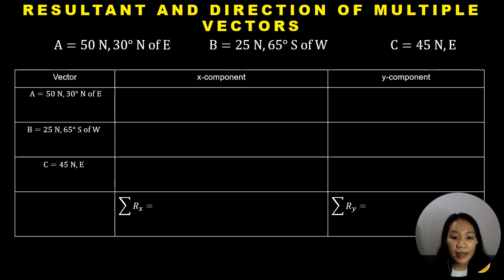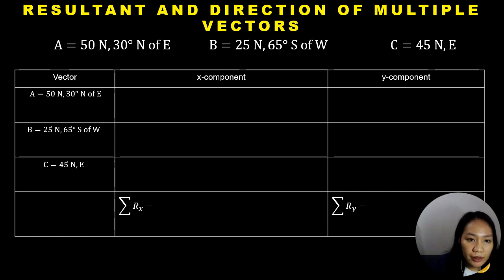So now that we have drawn and visualized the vectors, it is now easier for us to write the components in tabular form. So earlier, the first vector, 50 newtons, was in the first quadrant, creating a 30 degrees angle with respect to the horizontal.